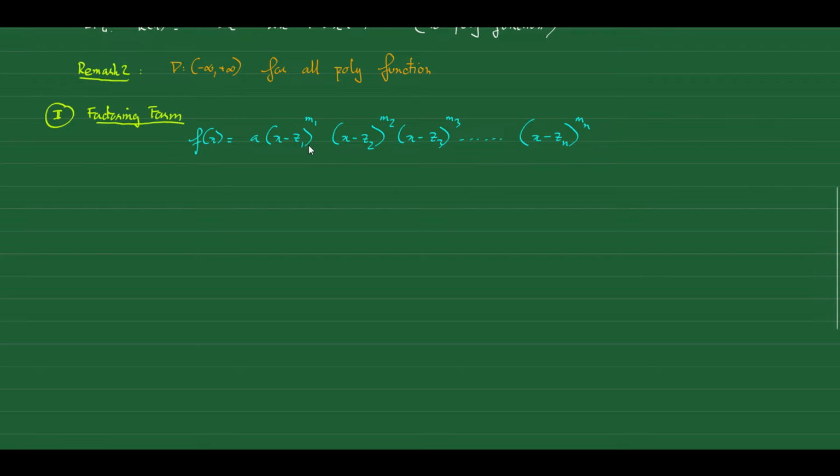So what do m1, m2, m3, and z1, z2, z3 mean?